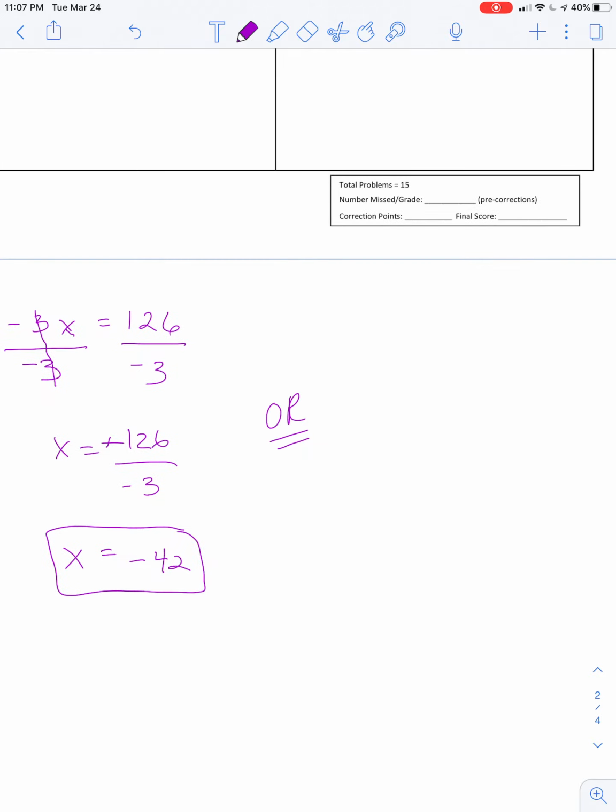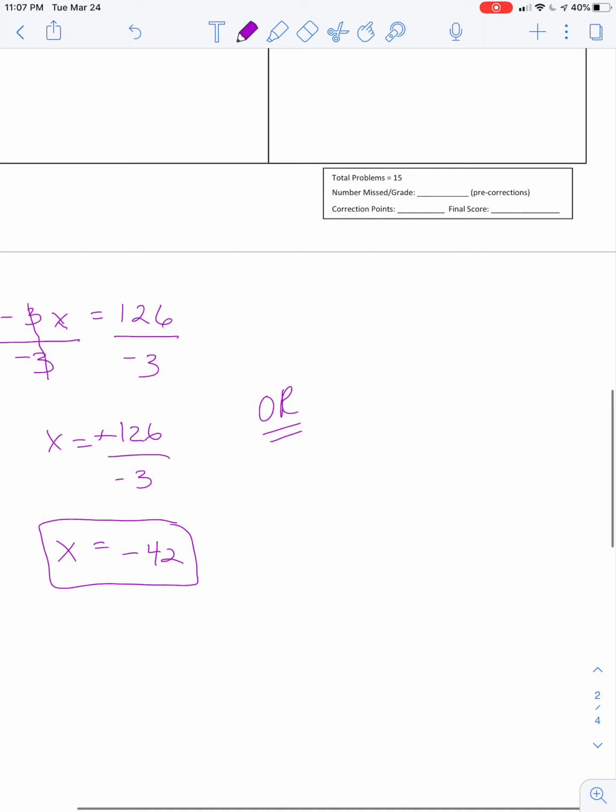Or another way to do this problem, let me rewrite it over here, is I can think of this negative 3 as a fraction. I'm going to put it over 1 because that's the format that we've been working with today already. And in order to isolate x here, I could simply multiply by a negative 1/3 because that's going to isolate my variable as well.